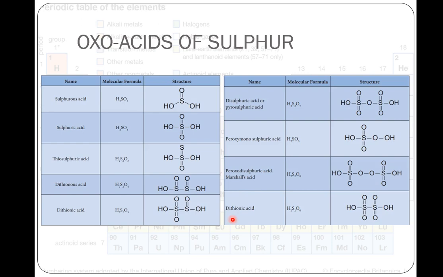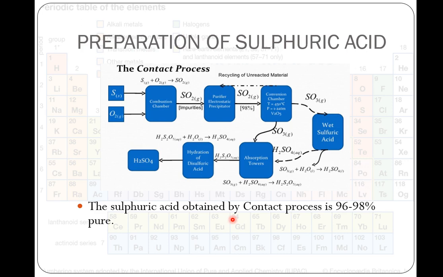So you should practice making the structure of all these acids, because as I told you earlier also, generally 2 marks questions from this chapter is to draw the structures of any compound.